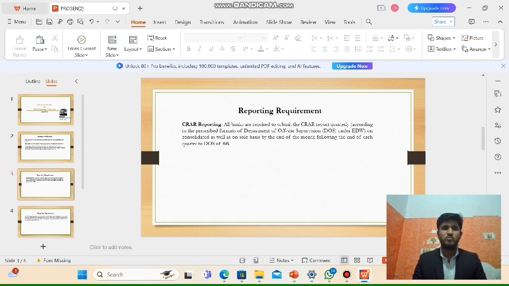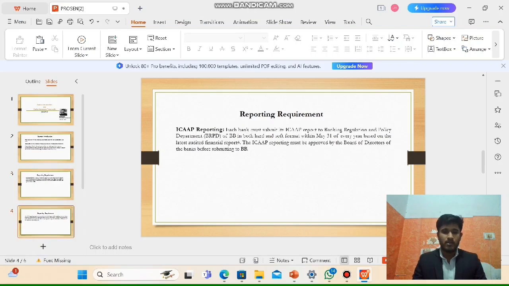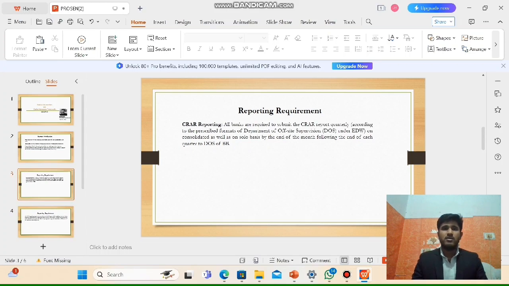Report requirement: to protect the depositors and promote stability of the financial system, report requirement is needed.